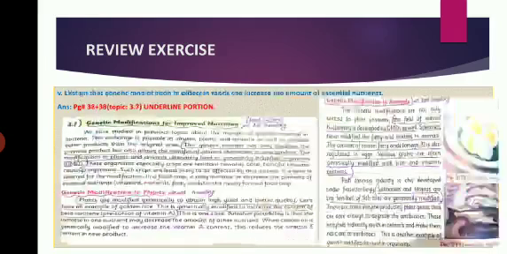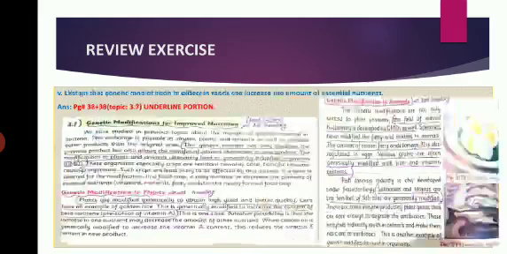Question number 5, explain the genetic modification in different foods that can increase the amount of essential nutrients. This is on page number 37 and 38, and the topic is 3.7, and you have to learn only the underlined portion. All the headings are mentioned, and all the points which you have to learn are mentioned.